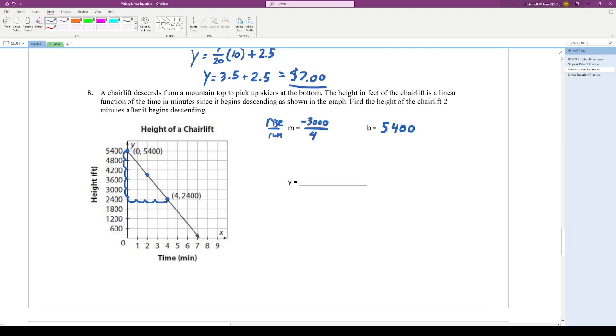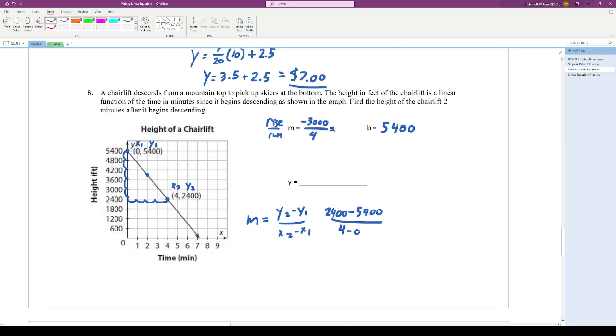Notice that that's the same checking from the graph as it would have been from the equation if we did y2 minus y1 over x2 minus x1, labeling this x1, y1, x2, y2. We would have had 2400 minus 5400 over 4 minus 0. So that gives us the exact same answer, negative 3000 over 4.